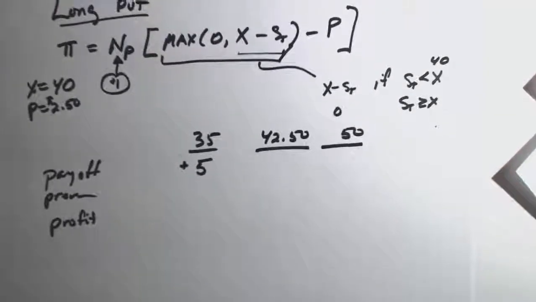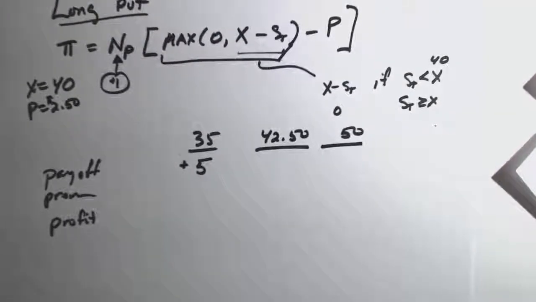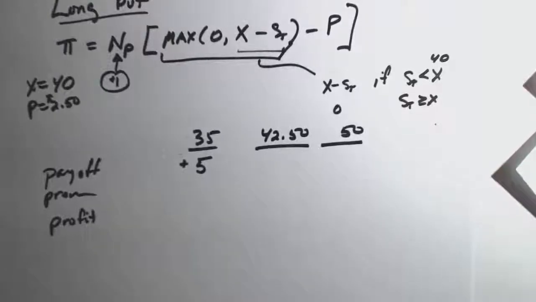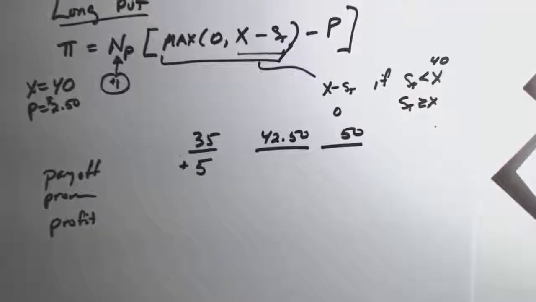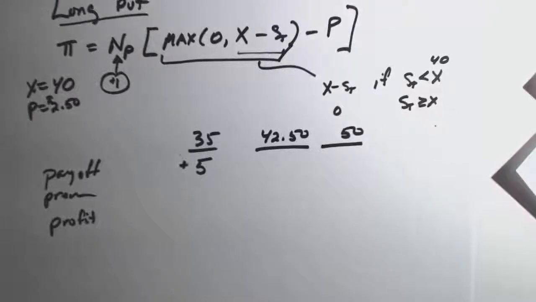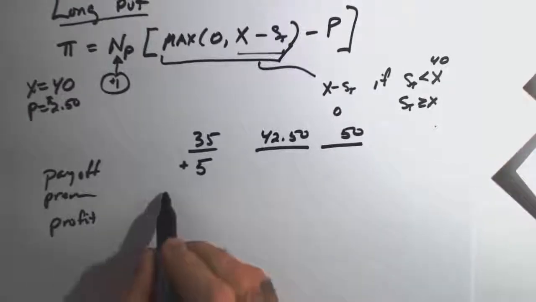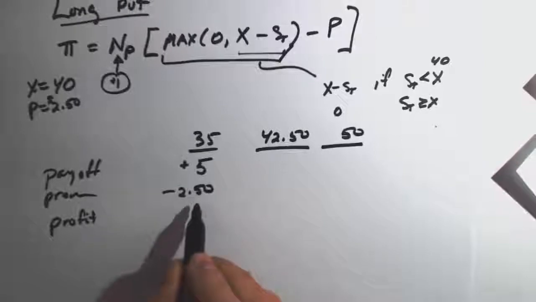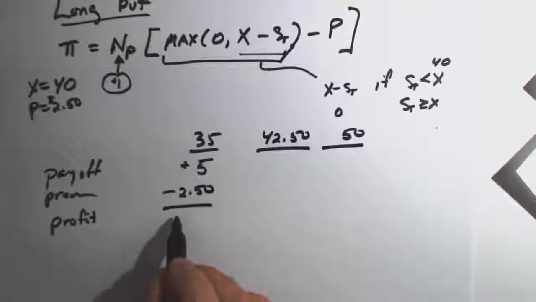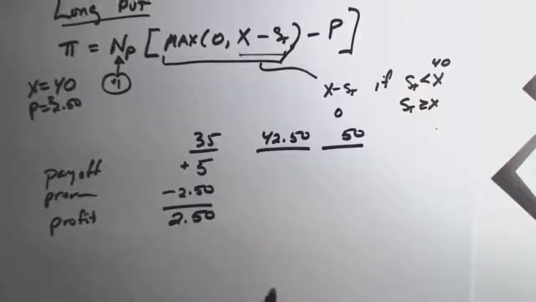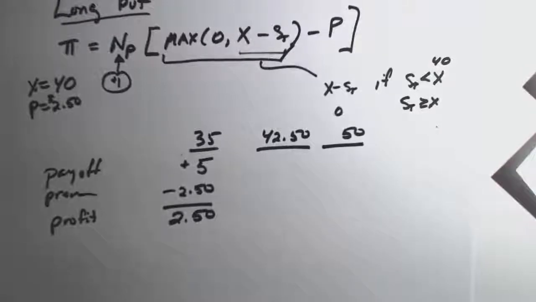Somewhere you made a mistake, if you buy a put and you start making money when the stock goes up. So before you even jump into these problems, realize where your profits are coming from, where your payoffs are coming from, and it should make sense. Now we pay a $2.50 premium for this option, and we have $2.50 profit.